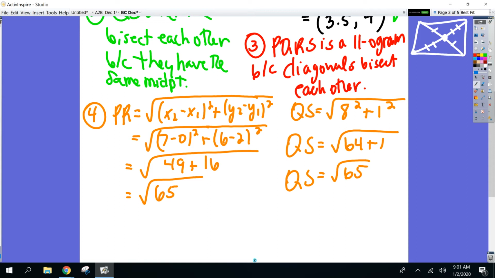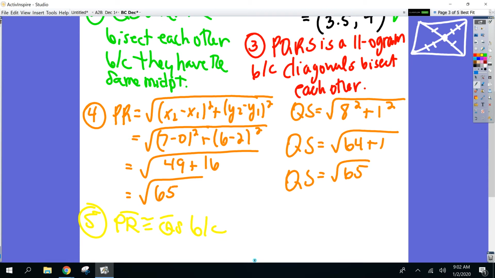Everyone all good? Step 5, what did you learn? Remember, formula, what did you learn? Conclusion. So formula, next step, what did we learn? You're not ready to say it's a rectangle yet. What did we learn about PR and QS? Okay, then write that please. PR congruent to QS because, how do you know?